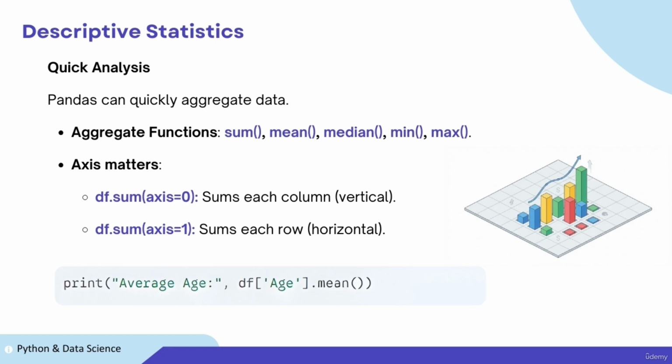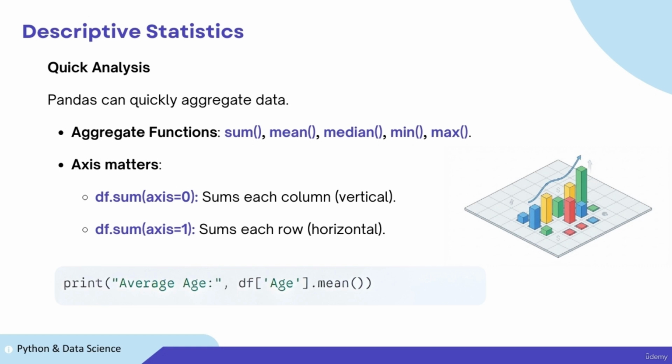Pandas is also a powerful calculator. We can perform descriptive statistics instantly. You have access to aggregate functions like sum, mean, median, min, and max. A critical concept here is the axis. If you run df.sum(axis=0), Pandas sums vertically, giving you totals for each column.